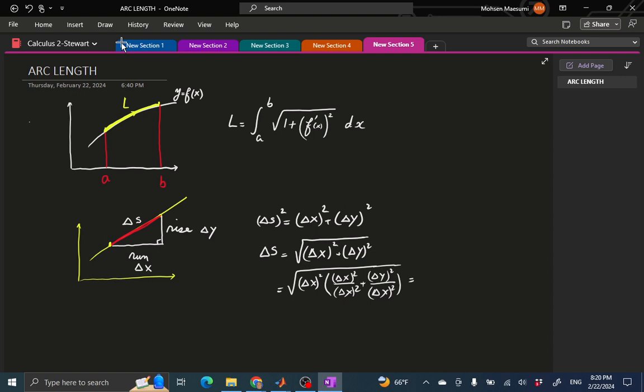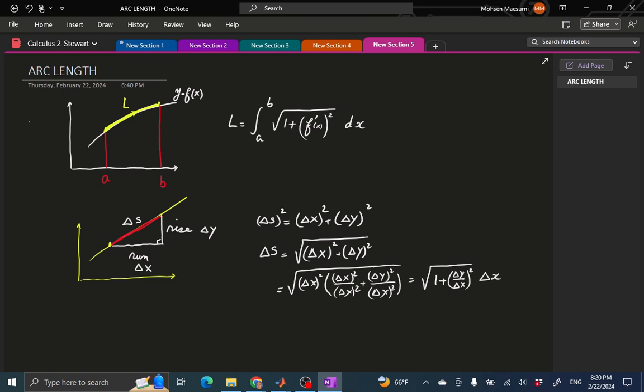Let's suppose for a moment that delta x is positive, so when it comes out it's just delta x, and inside the radical, delta x divided by delta x is just 1, and delta y over delta x we can divide first and then square. Do you see the similarity between this and that? Instead of dx, I have a delta x. Instead of this derivative, I have delta y over delta x, which is the approximation of the same. I have the same square root and the 1, they are all the same.